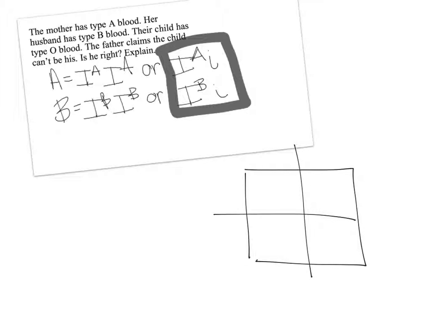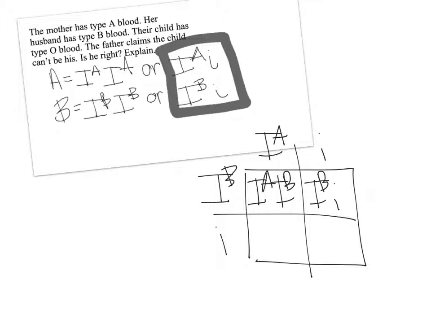If both parents are heterozygous, that would mean that mom had IA little i and dad has IB little i. Then they could have children with the AB blood type, the B blood type, the A blood type, or the O blood type. So it's entirely possible that they could have a child with type O blood.